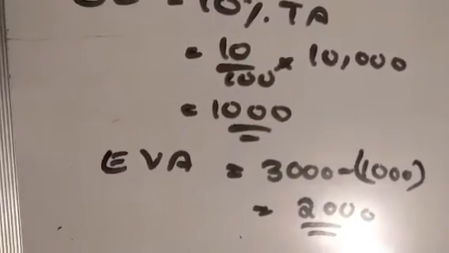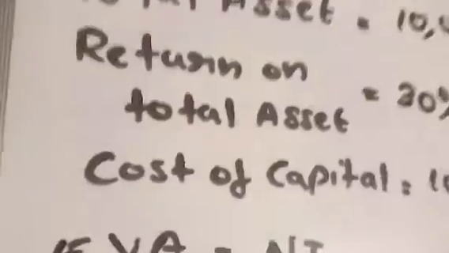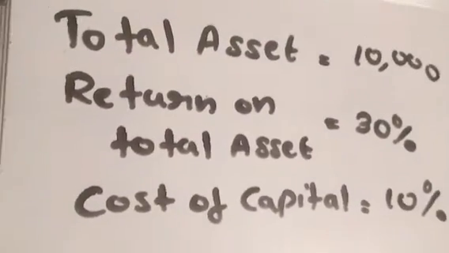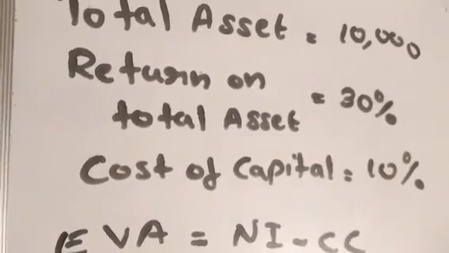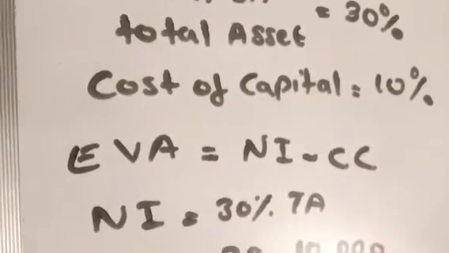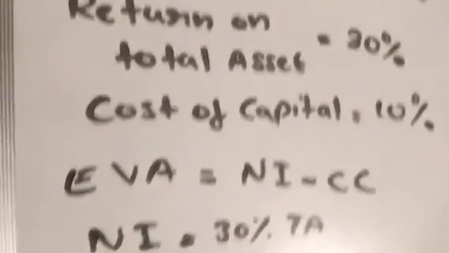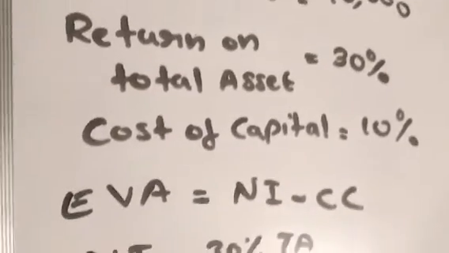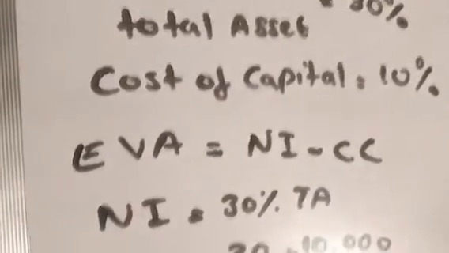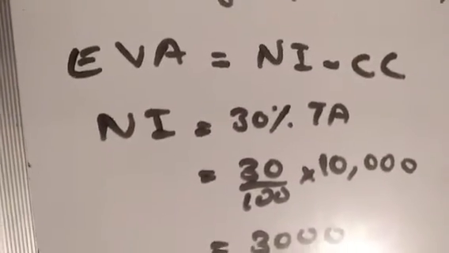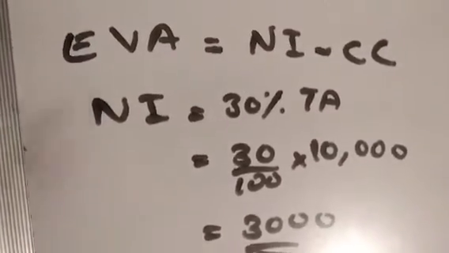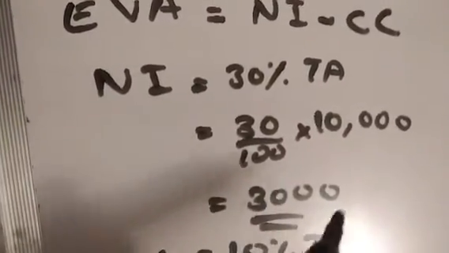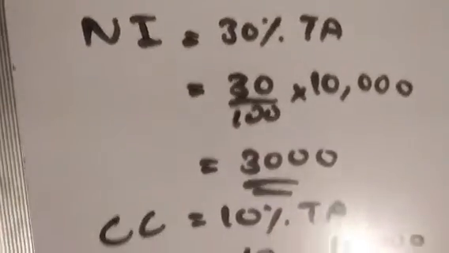Okay, so I will explain it once more. In the question it is given that total asset is 10,000, return on total asset is 30% and cost of capital is 10%, and we are asked to calculate the EVA. So EVA is net income minus capital charge. Net income is 30% of total asset 10,000, which gives 3,000.